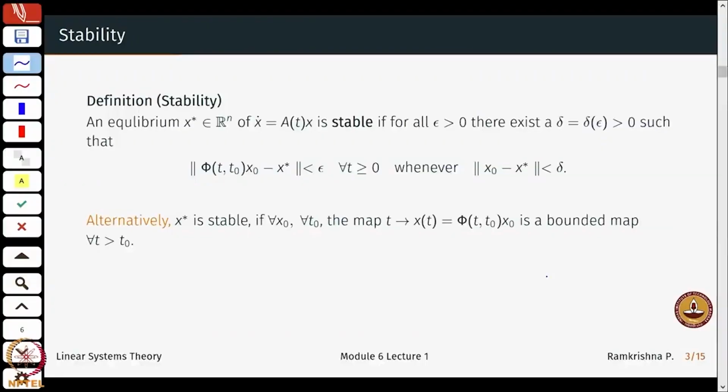Okay, so the first definition of stability. Stability is always defined with respect to an equilibrium x star.